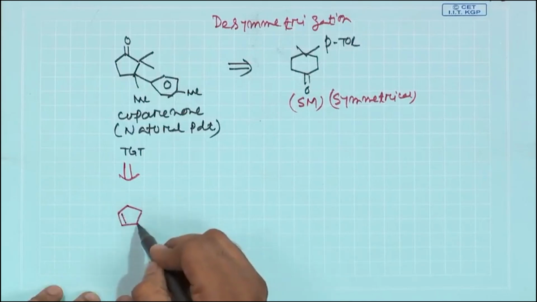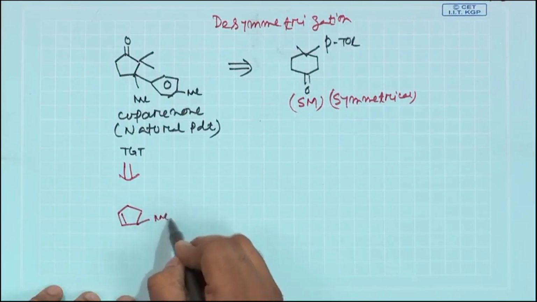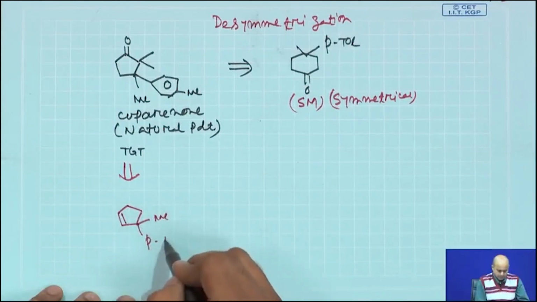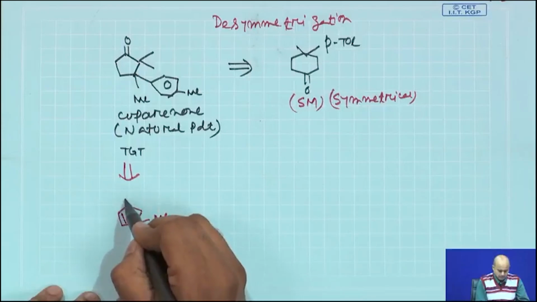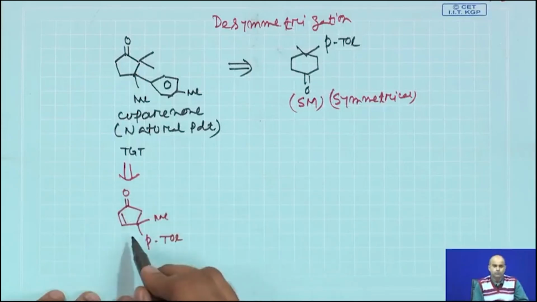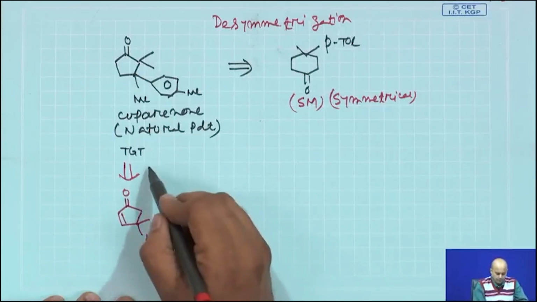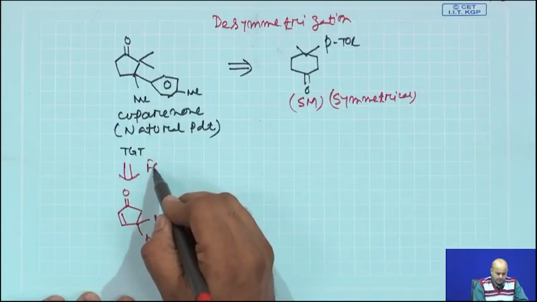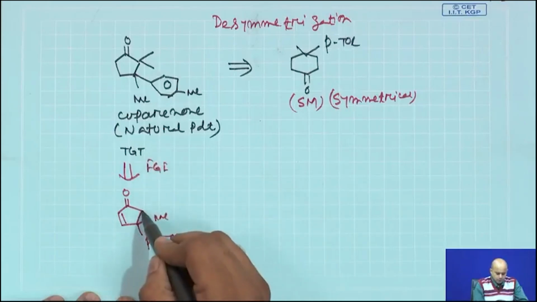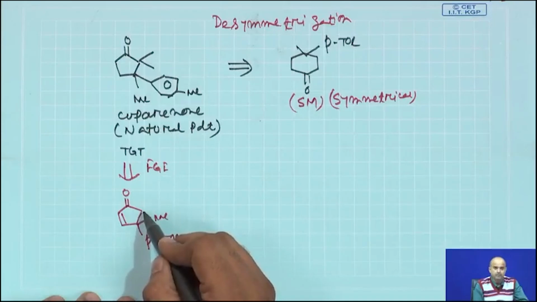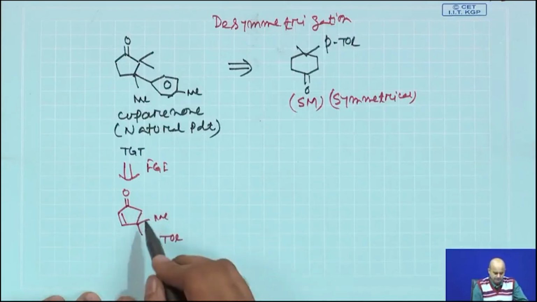So, I say if you have this particular ketone as an intermediate, you can do a simple FGI to put in the gem dimethyl by successive alkylation.